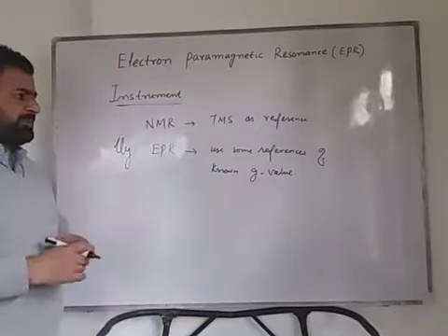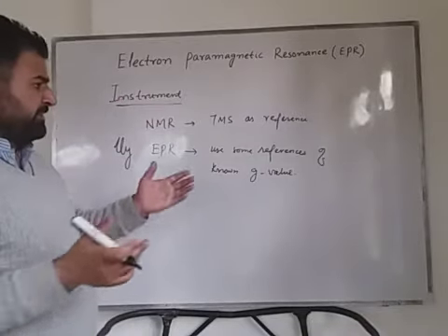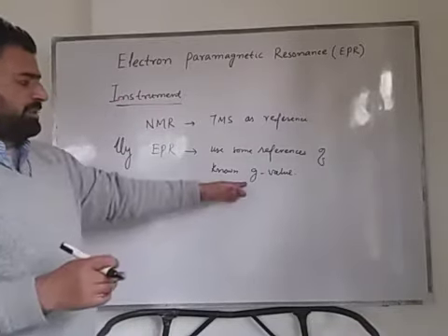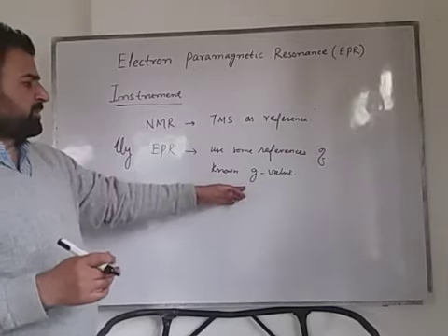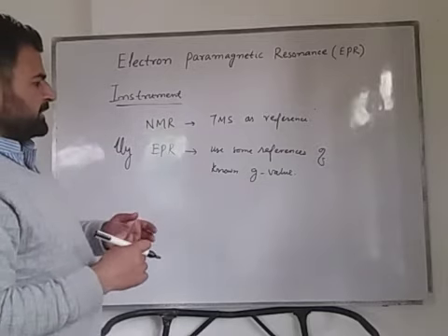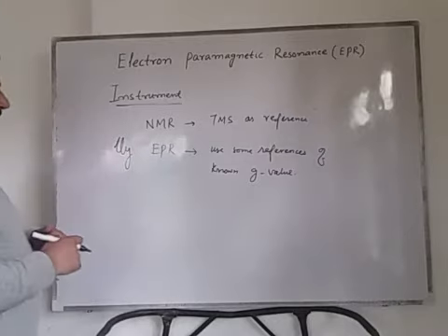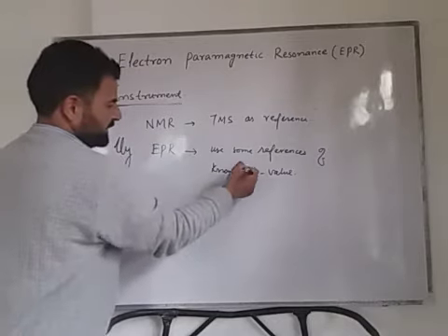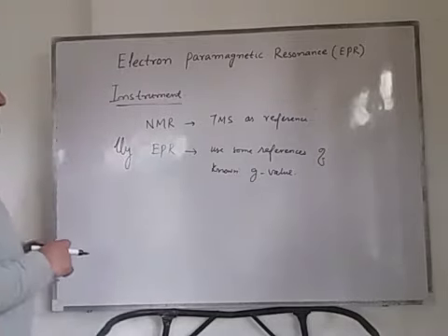Here also we use references where the G value is known. G value is the spectroscopic constant, or we can say the Landé splitting factor. This we will study in subsequent lectures.